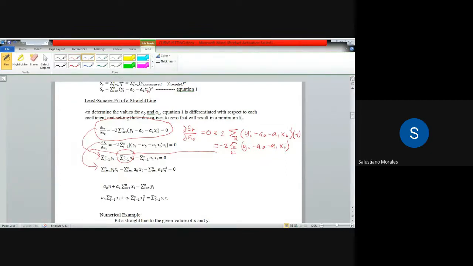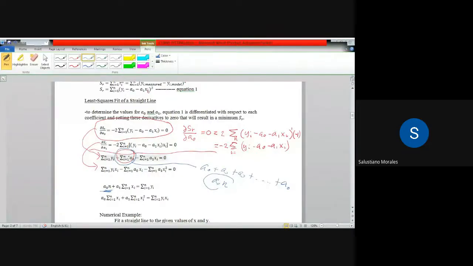So this value, the summation of A0 where i starts from 1 up to n, is the same as A0 plus A0 plus A0 up to n values. And if you write this simply, it is equal to A0 multiplied by the number of data points. So we come out with this as the value for that summation.